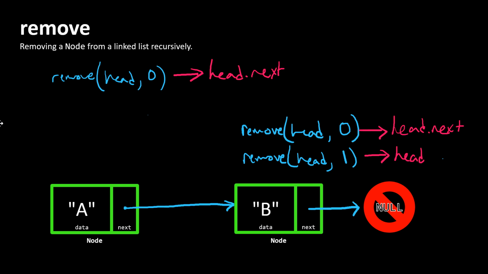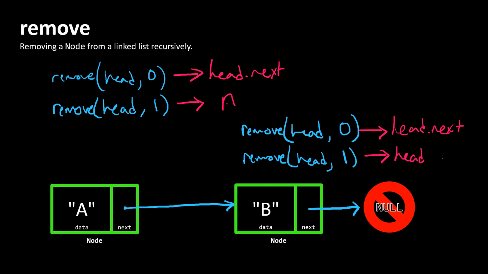So let's talk about the recursive case, because this is where things get interesting, and there's something really cool that happens when you implement remove recursively. All right, so let's imagine we call remove, and we're saying, all right, we're going to remove head, which is this node here, and we're trying to remove the index 1. So what we expect back from this, right, is going to be a list whose head node is still A, but it's not going to contain B, right?